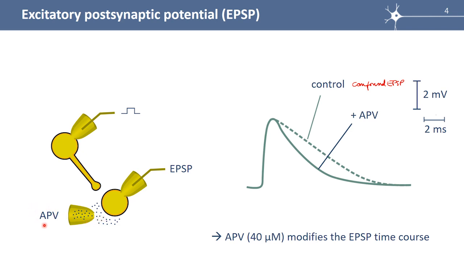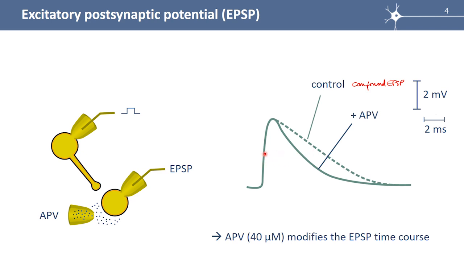Here is APV, it's one of these blockers, and when we add APV in the bath, as here, we stimulate the presynaptic neuron, we record the response in the postsynaptic neuron, and we see that the response has a very different decay phase, which means that there is an APV sensitive component. But still, the EPSP is still there.